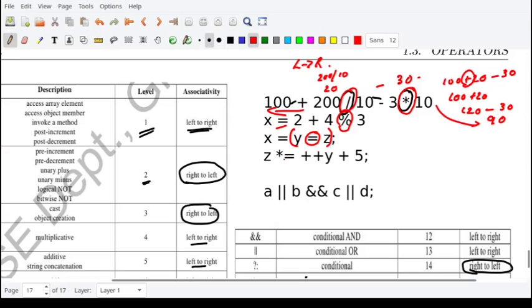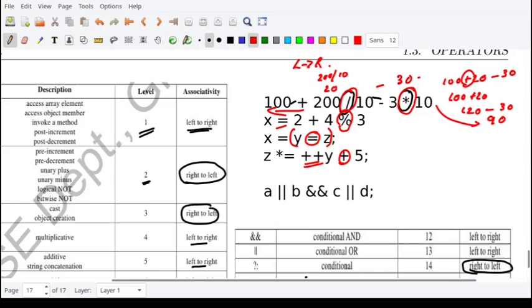Then the next example is z star is equal to plus plus y plus 5. Okay. So you can see that before this addition operation, the highest precedence is for the increment operation.